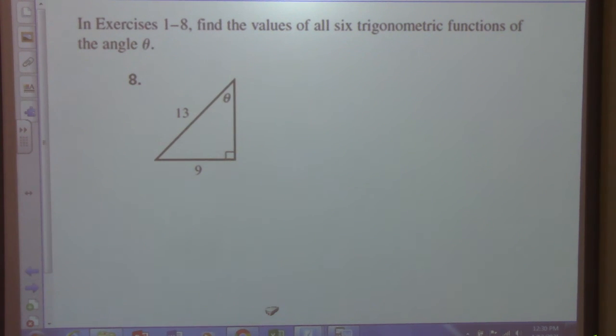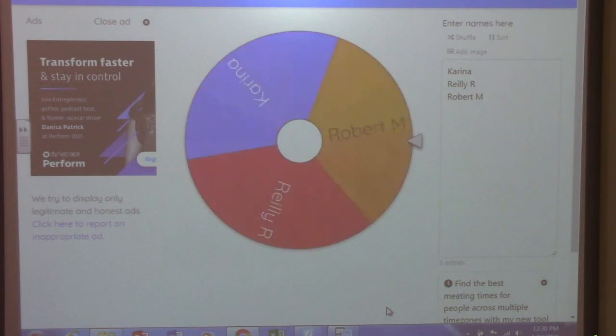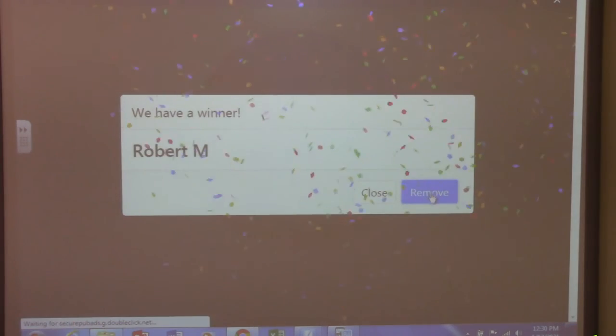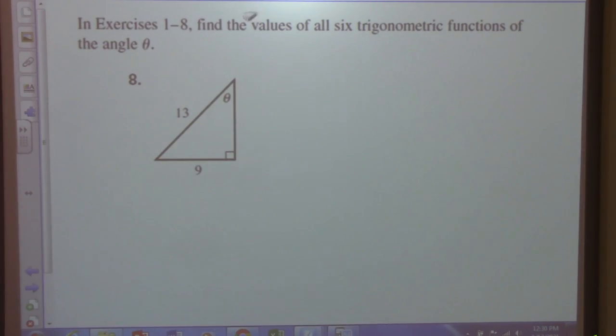Okay, this next one is going to be, oops, here we go. We don't have a lot of people left in the mix. Robert. Robert. Oh, okay. What do you got, Robert? With extra things.